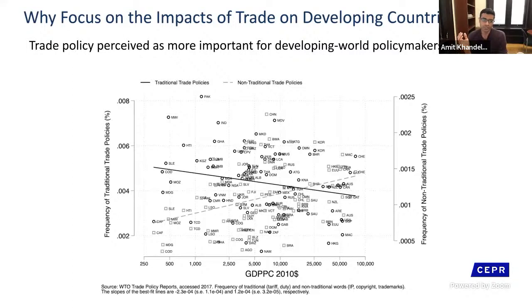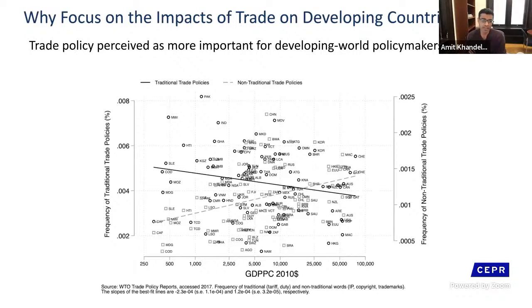The incidence of traditional trade policy, which we can think of as tariff rates or the mention of the word duties, relative to other forms of trade policies that are more actively discussed in the developed world, things like intellectual property, copyrights, and trademarks.